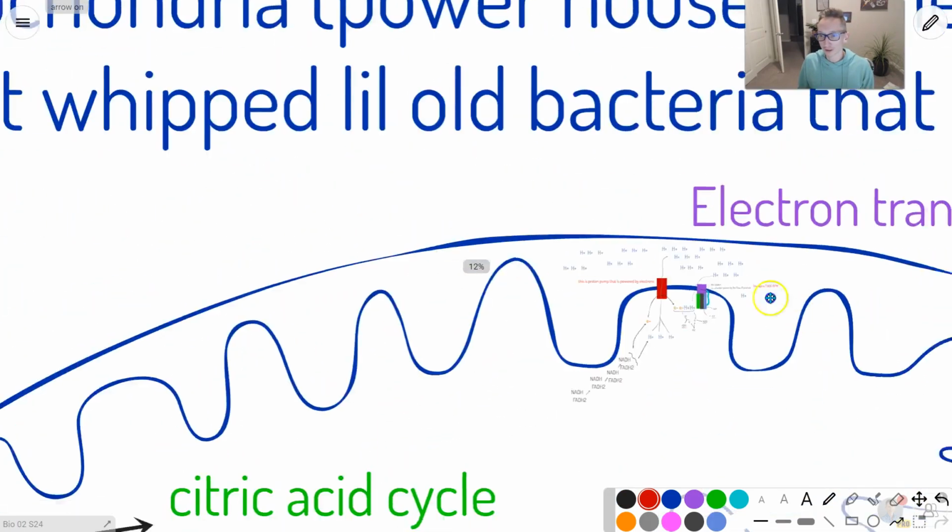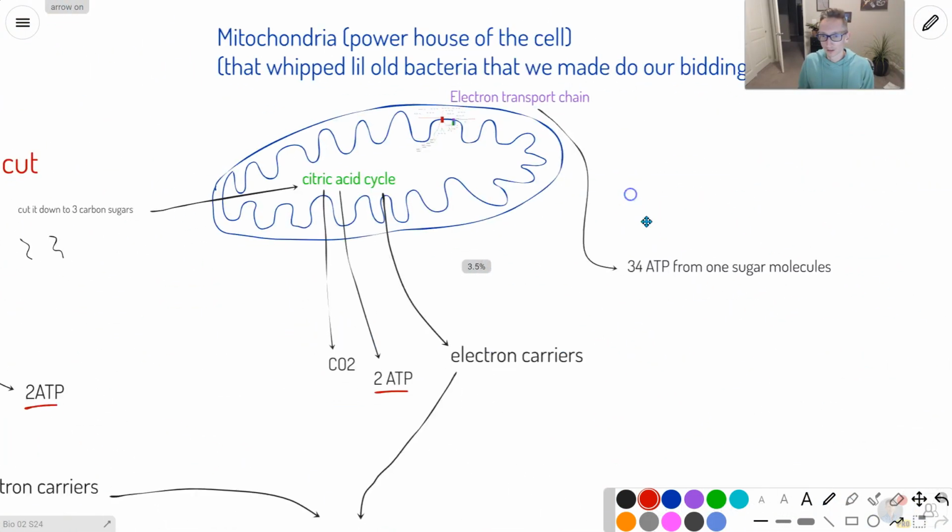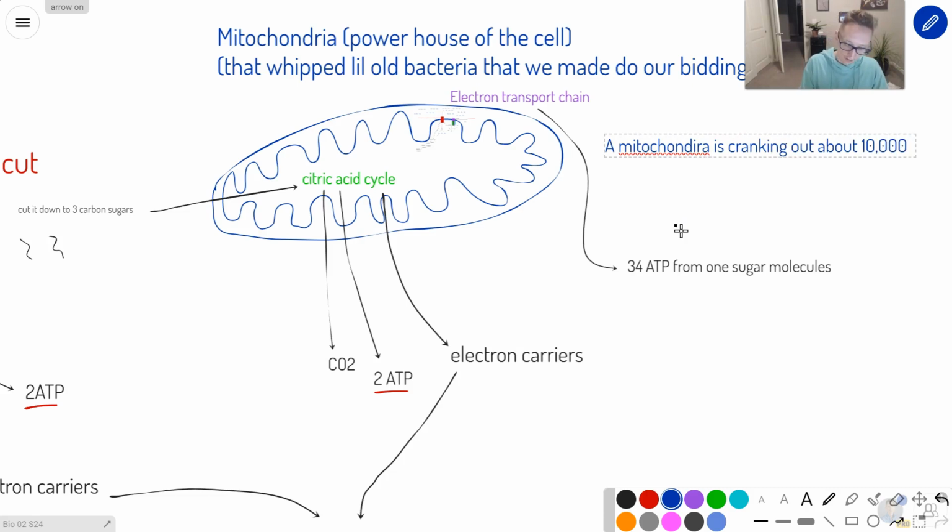And your mitochondria is cranking out about, not 1,000, million ATP a second. That's 10 million. 10 million ATP a second. And we'll revisit that when we talk about muscles. That's wild. That's absolutely wild.